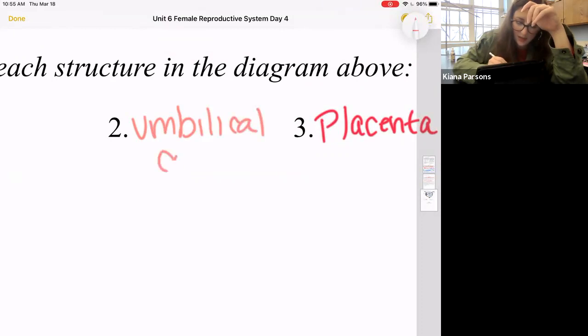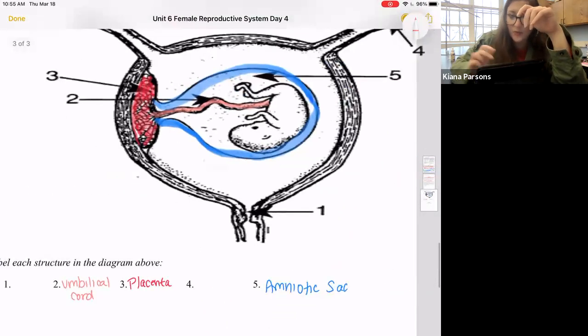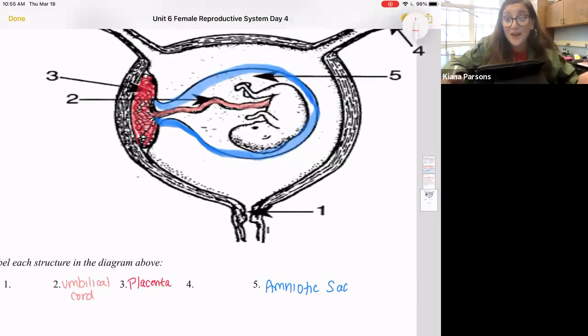And you can see it is connected to the baby right at its lower abdomen. And once the baby is born, that cord is still connected, which is why it needs to be cut by the father or by a doctor or by a midwife, someone who is there during pregnancy. A mother can even cut her own umbilical cord if she is feeling up to it and able to bend down low enough to get it.